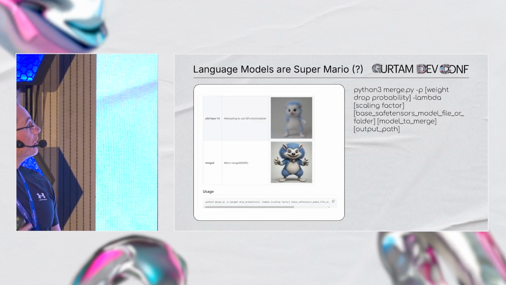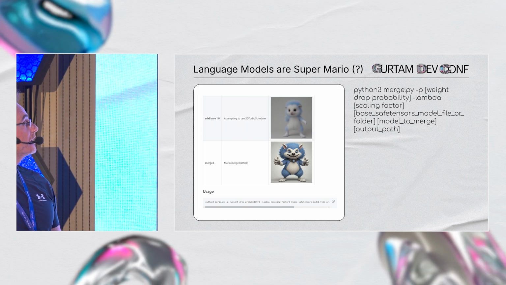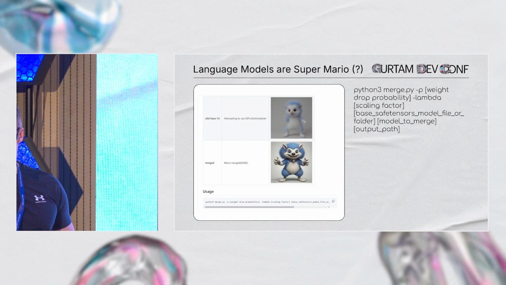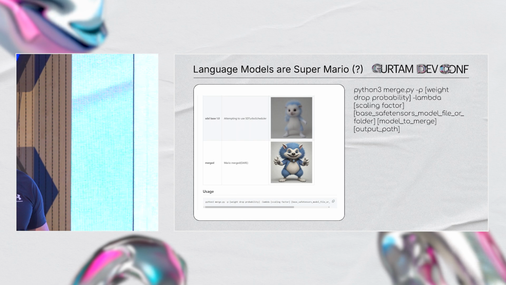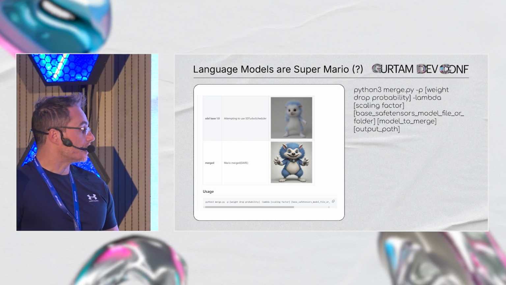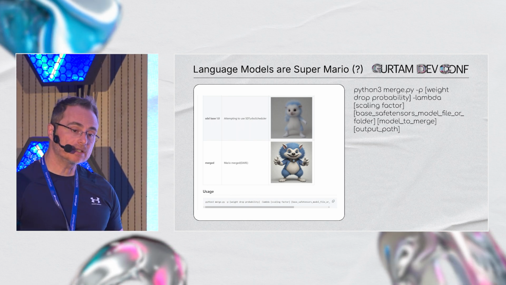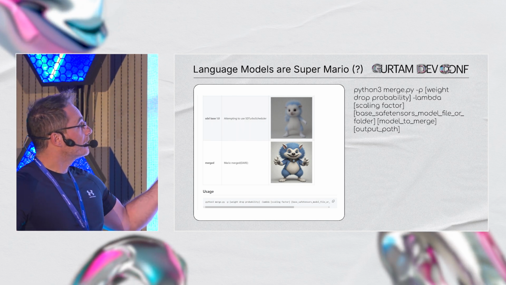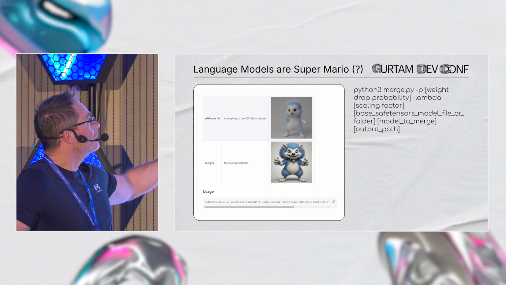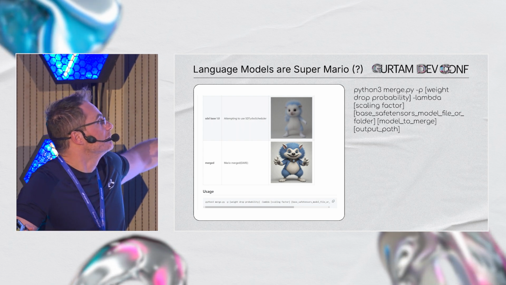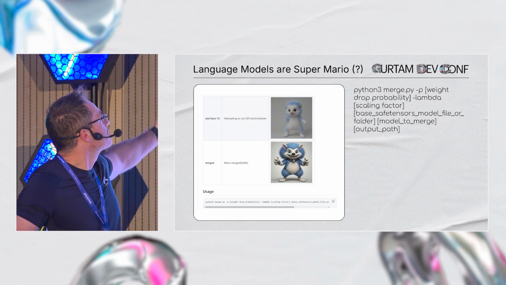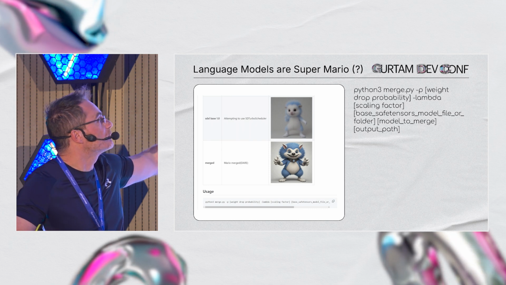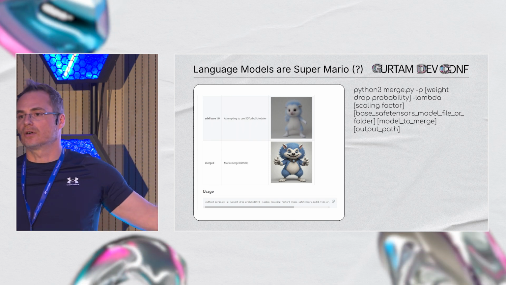Well, you can do the same thing with models that are specialized in image generation, but in this case I suggest using the other tool, which I don't know why they named in this way, because large language models are Super Mario. Honestly, I don't know.